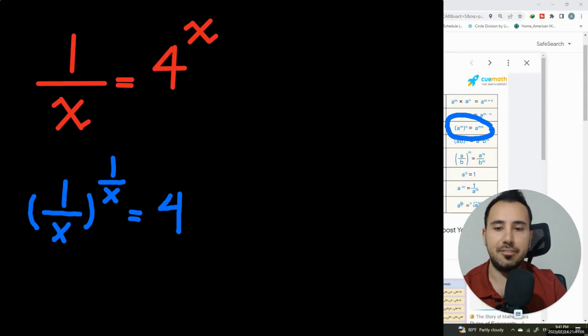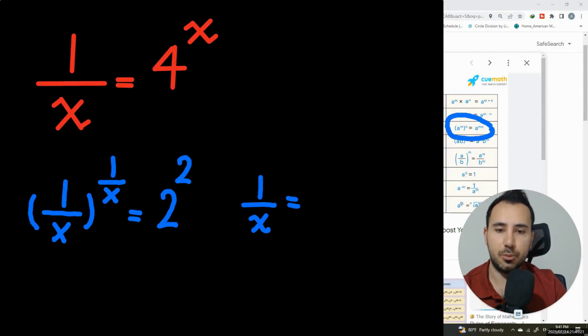So now instead of 4, I could also write 2 to the second power. So now by comparison, we see that 1 over x is equal to 2. So what is the value of x? Obviously, the value of x is 1 over 2.